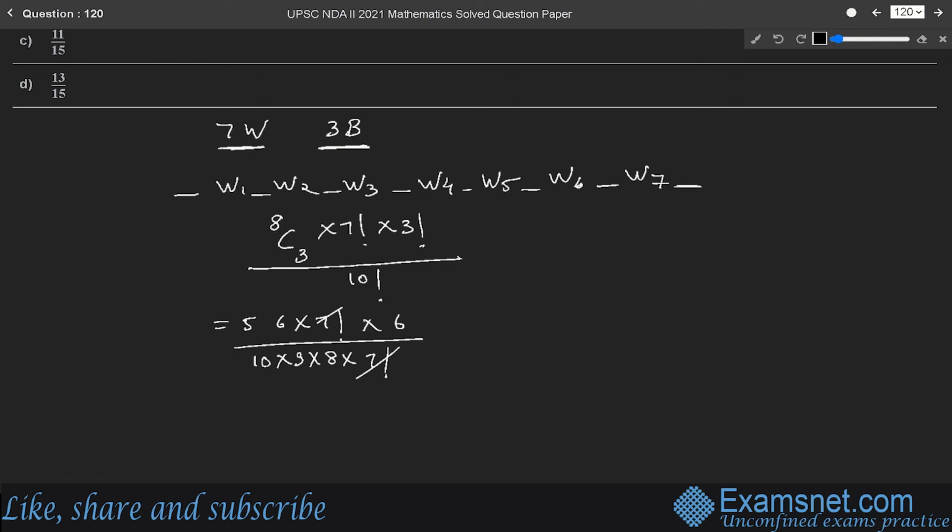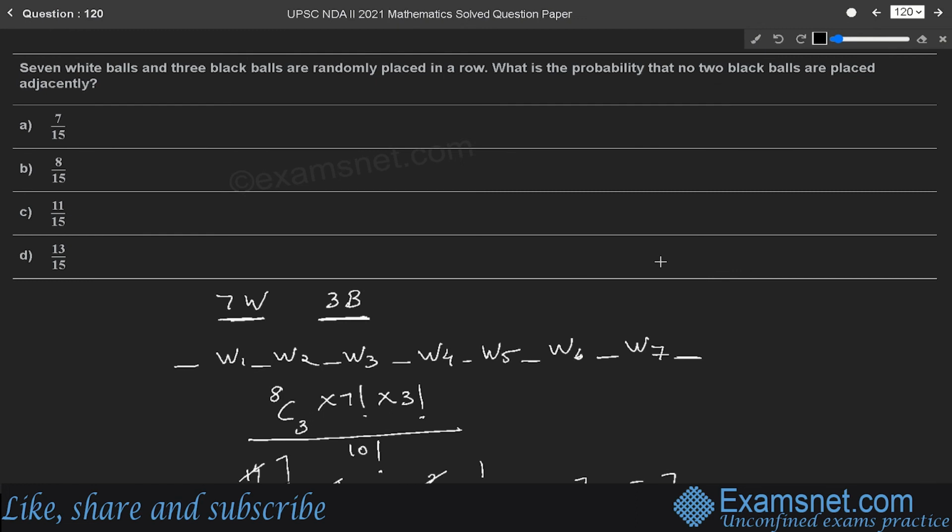On further solving it, it will be 7 upon 5 into 3, which is equal to 7 upon 15. So the probability that no 2 black balls are placed adjacently is 7 by 15. So the correct option here is option number A, 7 by 15.